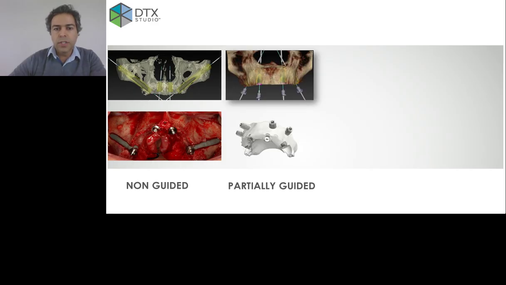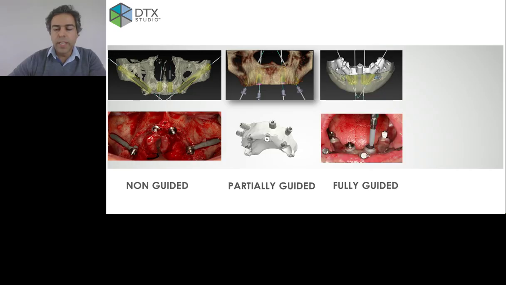Then you can also use the software to create surgical templates. This is called static guidance. And here we can go with the software to a partially guided workflow, meaning that we order a surgical template that allows us just to use the pilot drill, the 2mm drill, to start the initial osteotomies, and then you go through the rest of the procedure by yourself.